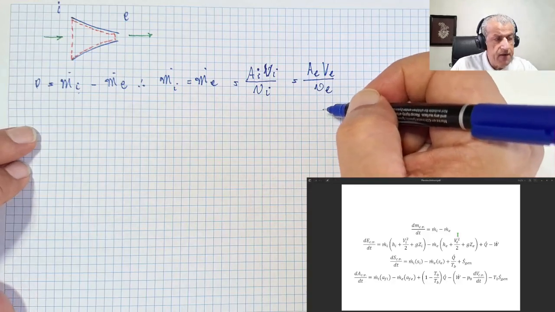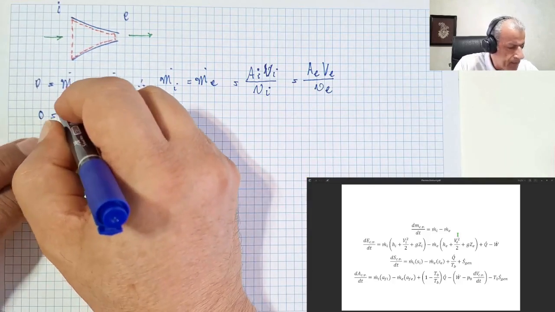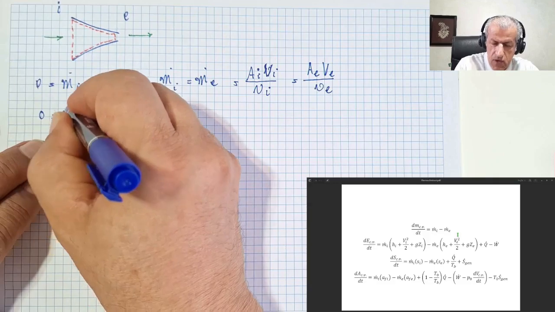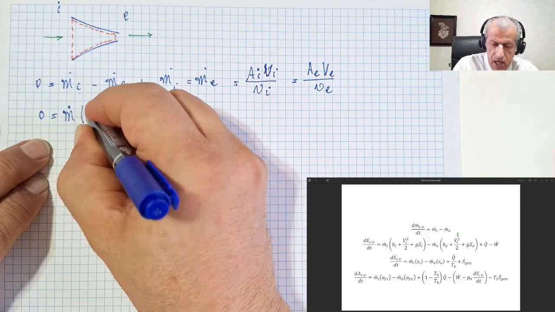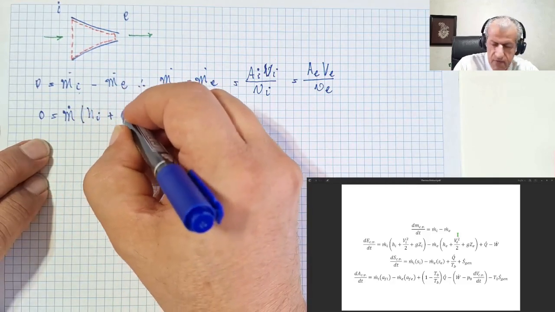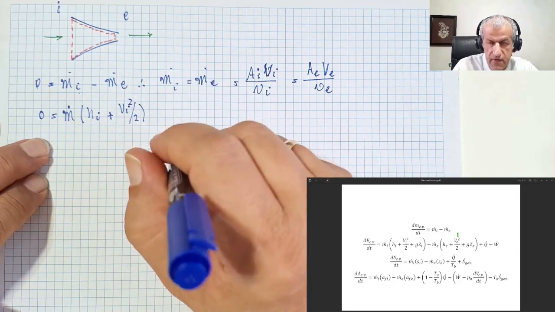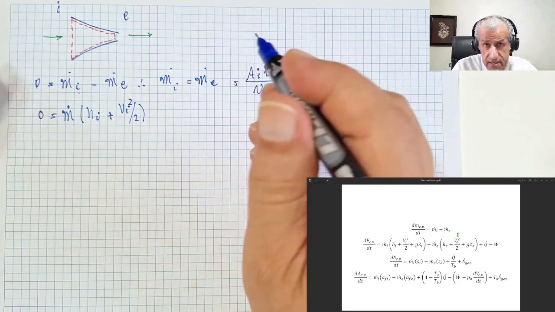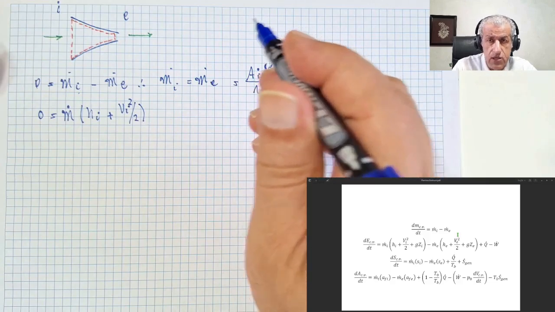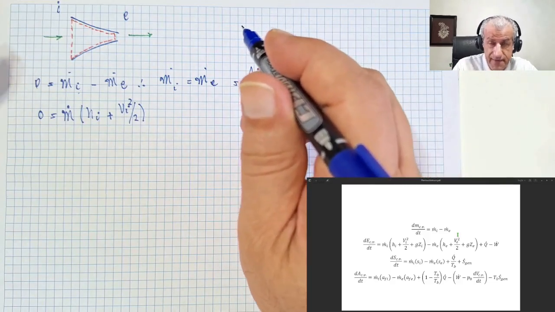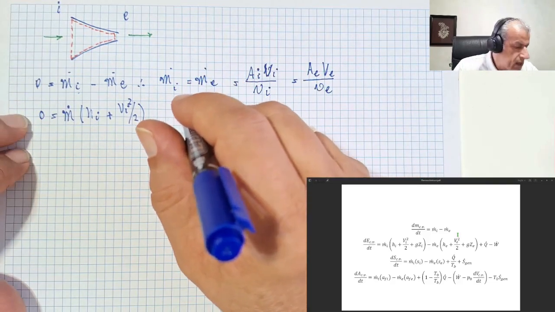Well, the first law of thermodynamics, again, is 0 equals m dot, which is of course the same between entry and exit, times h_i plus V_i squared over 2, and the change of elevations is negligible if there is any, because in many cases nozzles are horizontal and there is no change in elevation, and we are not ignoring anything. And the same is for the present nozzle.